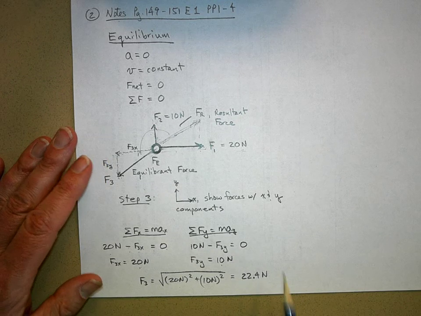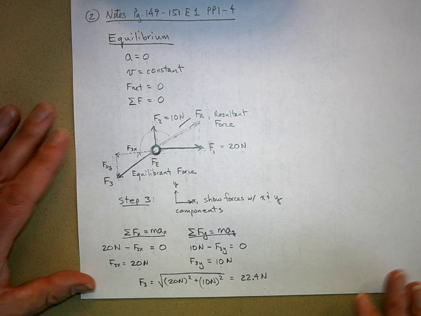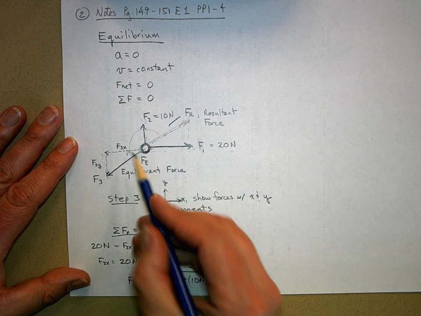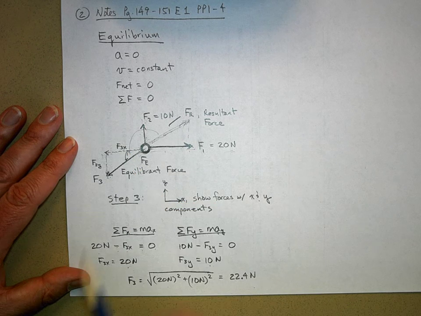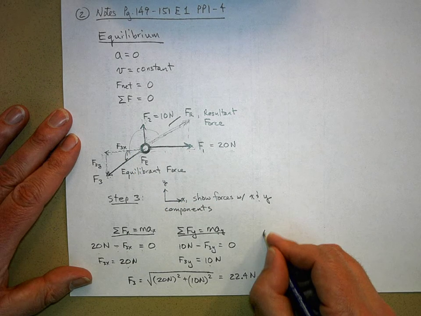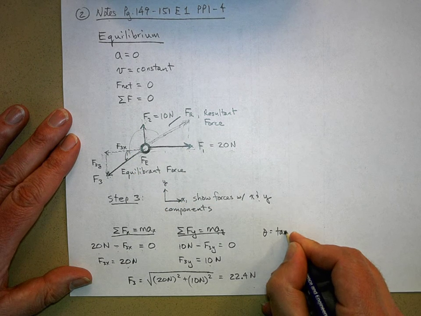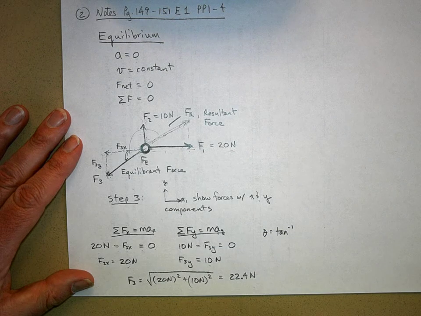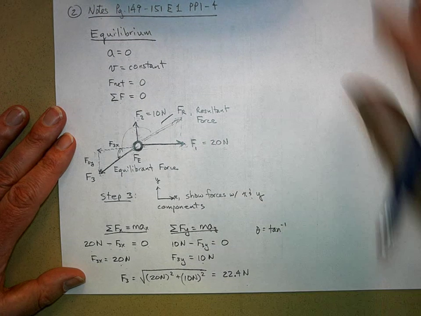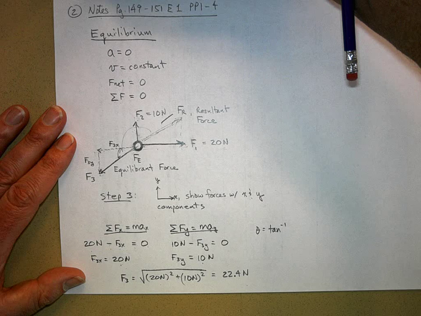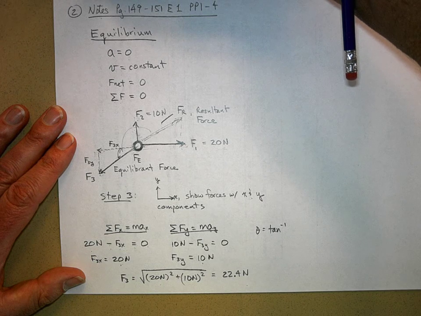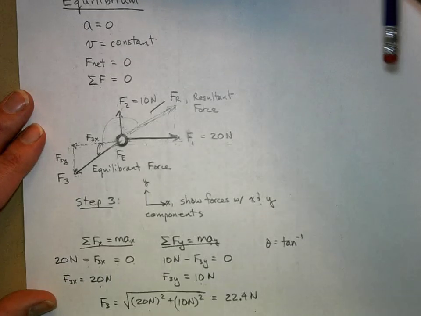That's the magnitude. Now what's the angle of this guy? Well, let's figure out what this angle is right here. Take the inverse tangent: theta is equal to the inverse tangent of what? Let me zoom in. You guys probably can't see it in the back, can you? You can? Okay. I'll zoom in a little bit.